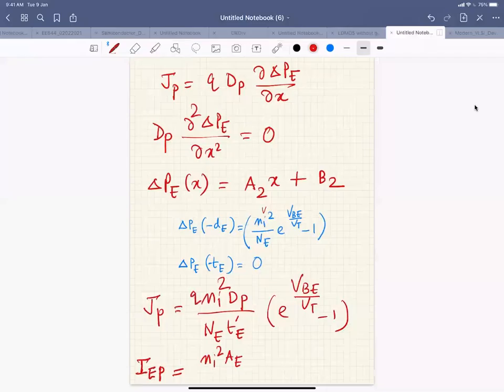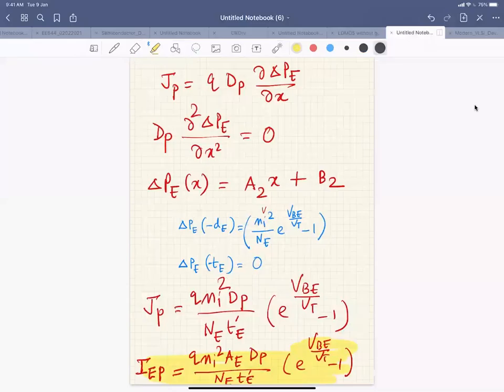So this Q Ni square AE Dp by NE T dash e to the power VB by VT minus 1. Okay, so you could do it by yourself. I just skipped the derivation. We have done the derivation for IEN, so you have to exactly follow the same derivation for IP, and you'll get this. IP is Q Ni square AE Dp by NE T dash, e to the power VB by VT.